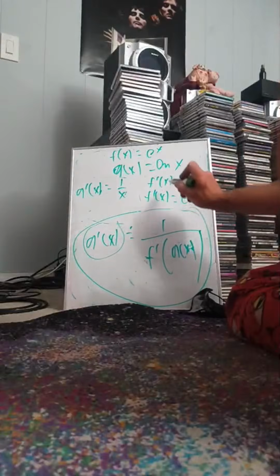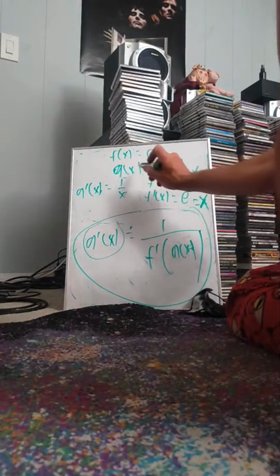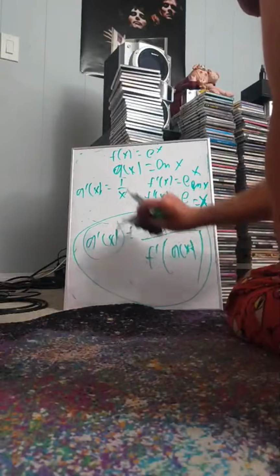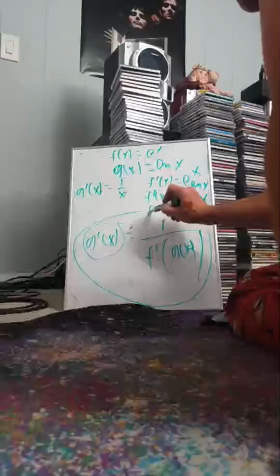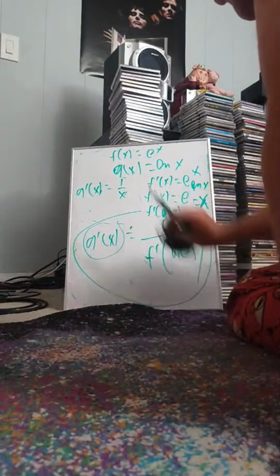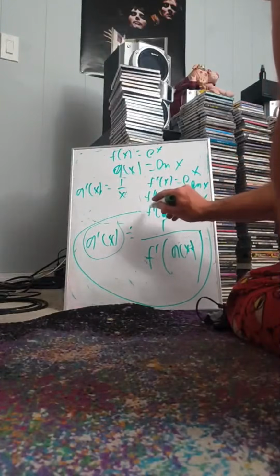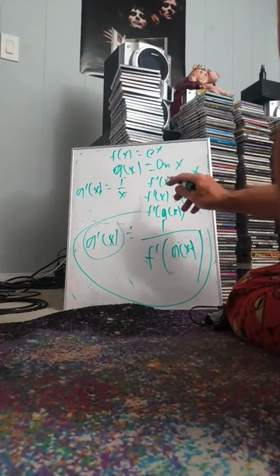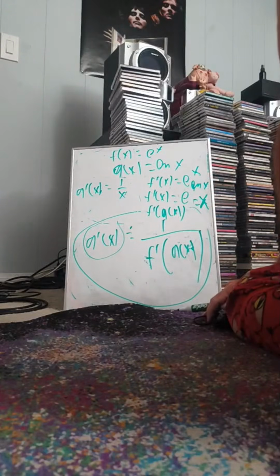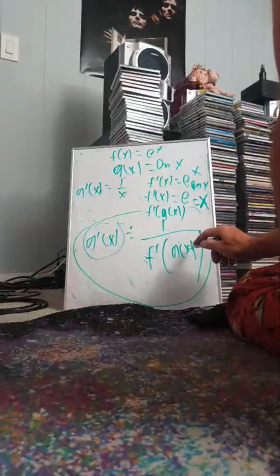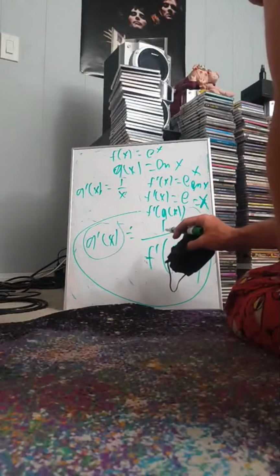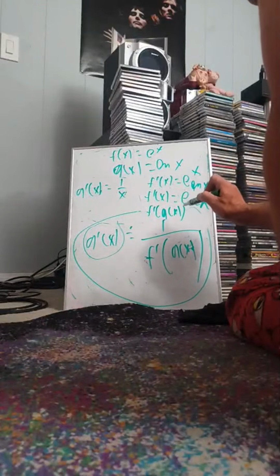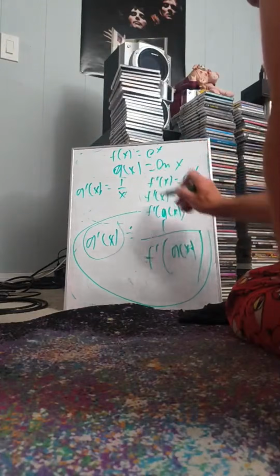So f prime of g of x, because g of x is logarithm of x, is f prime of logarithm of x.